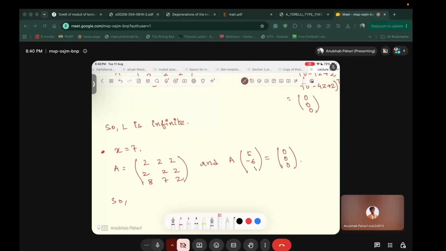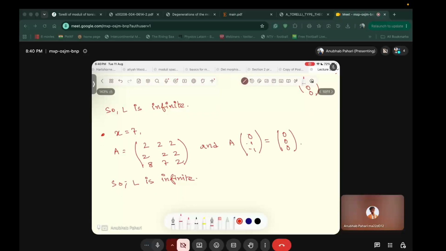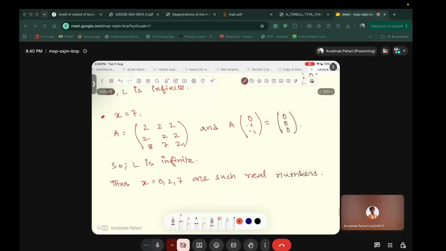No, it should be 0, 1, minus 1. So L is infinite. Thus x equals 0, 2, 7 are such real numbers. So we're done.